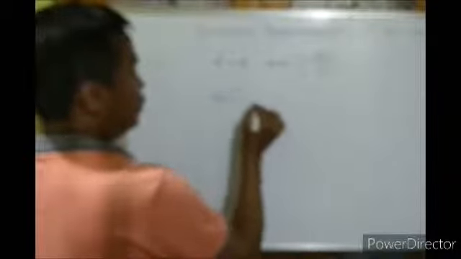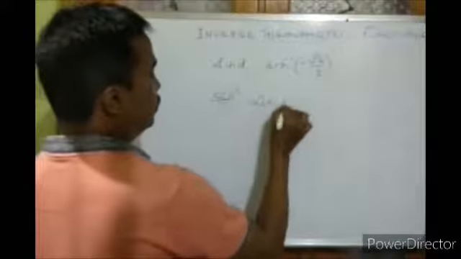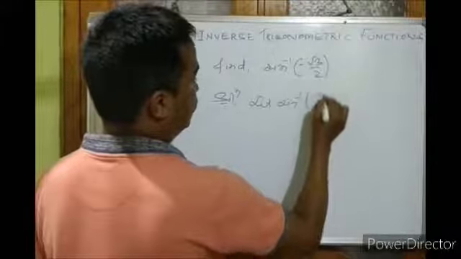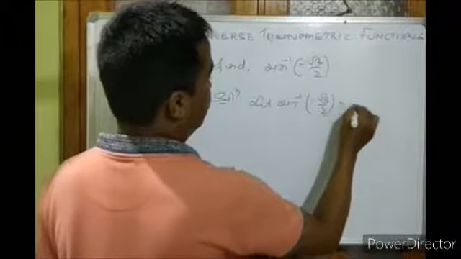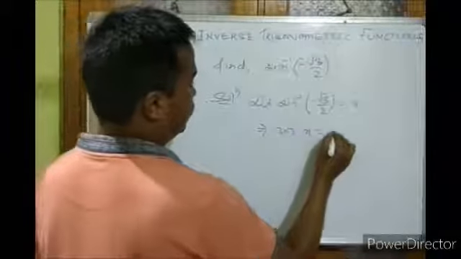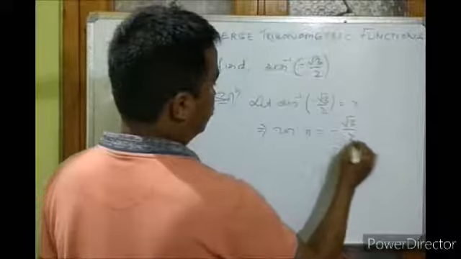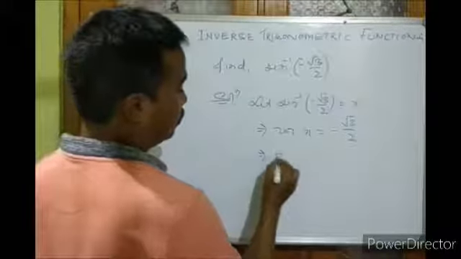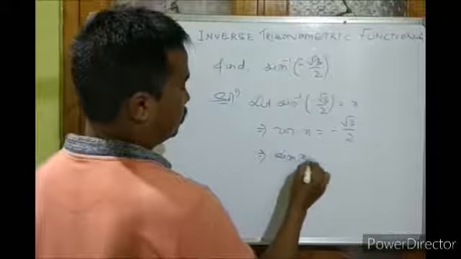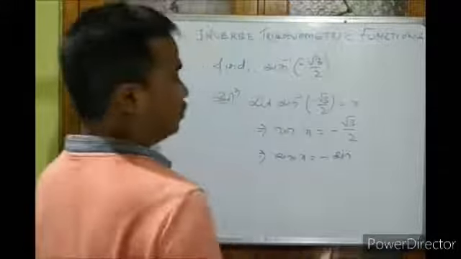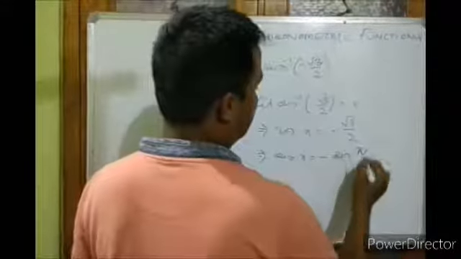Same way, solution: let sine inverse minus root 3 by 2 be equal to x. This implies sin x is equal to minus root 3 by 2, so sin x equals minus sin pi by 3.